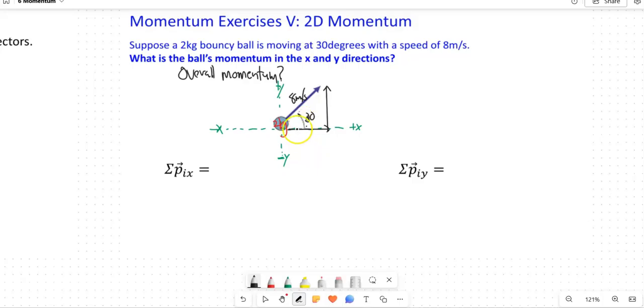So the side touching the 30 degrees is this horizontal side. So that will be 8 meters per second cosine of 30 degrees, and that'll be to the right. Upwards, it's going to be positive 8 meters per second sine of 30 degrees.